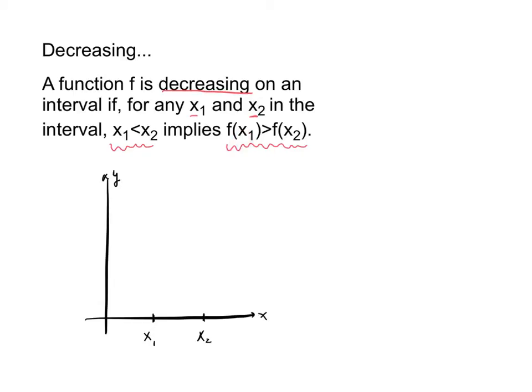Now we choose these y values such that f of x1 is greater than f of x2, so f of x1 has to be up here. Now I plot these points. x1 goes with f of x1, and x2 goes with f of x2. Notice, in order to get from here to here, we have to move downward, or decreasing.